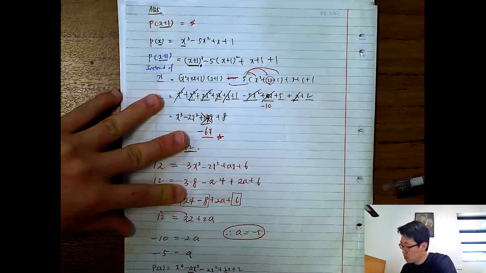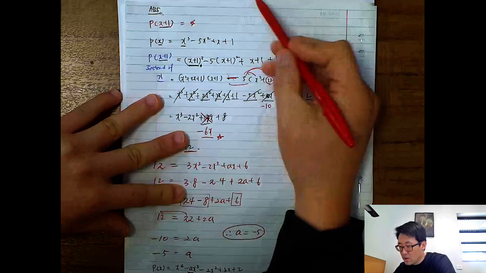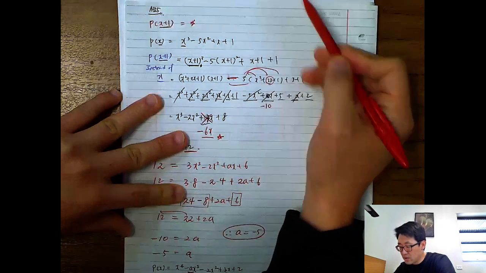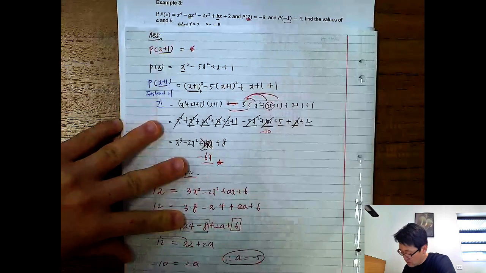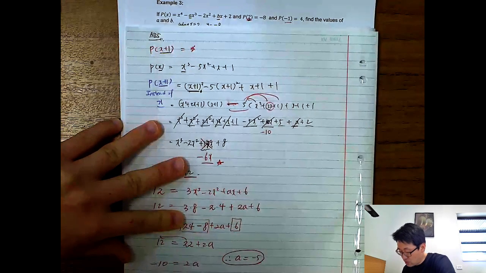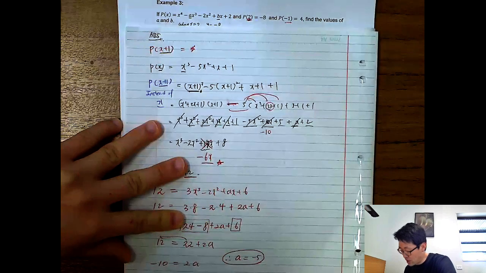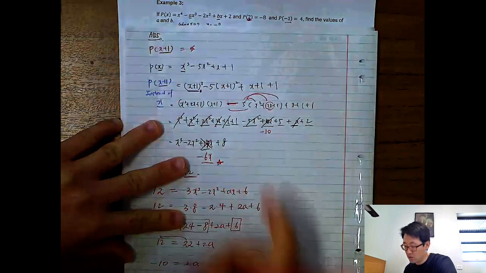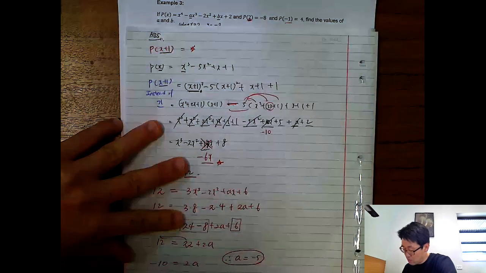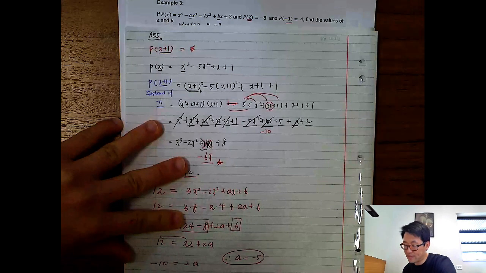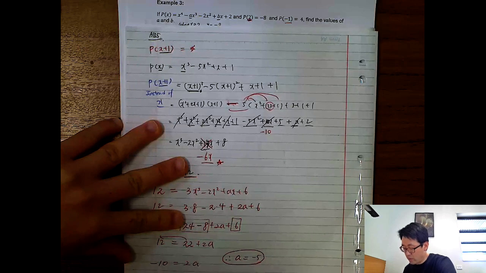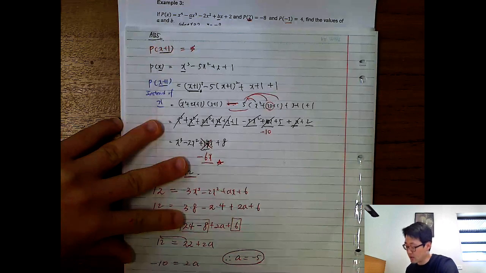So we should have two equations here. When x is 2 and you plug in 2, we should get minus 8. And when x is minus 1 and you plug in, we should get 4. And then we need to get a and b. We will have two equations and two unknowns. We can get it.